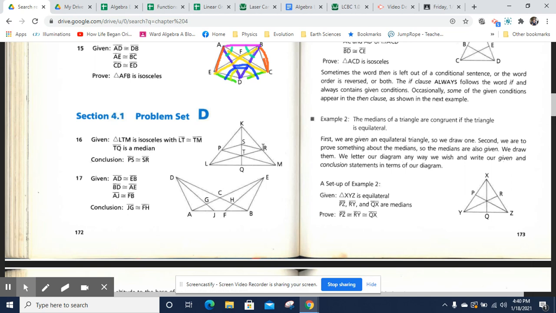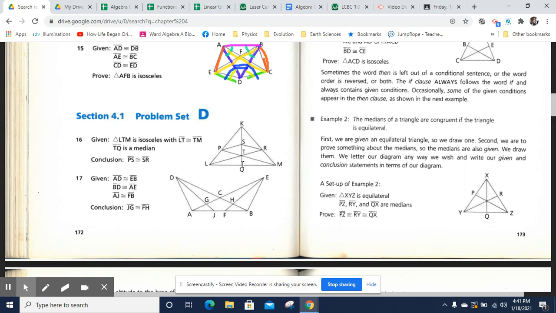Okay. So to do that, it would help to be able to prove that PST and RST are congruent, or that KPS and KRS are congruent. If we could do that, then we could prove that these two sides are congruent. Now, we know that this here makes an isosceles triangle. And we know that this is a median.